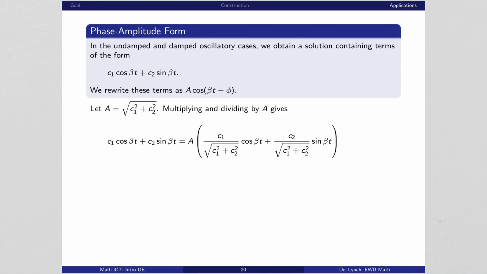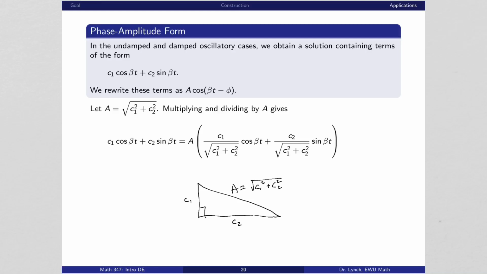And to see why this is convenient, I'll go ahead and identify a triangle, a right triangle with legs c1 and c2. Okay, so here's that triangle. One of the legs is given by c1 here. One of the legs is given by c2 here. And I think you'll agree that, being a right triangle, the hypotenuse is the square root of the sum of those things squared.